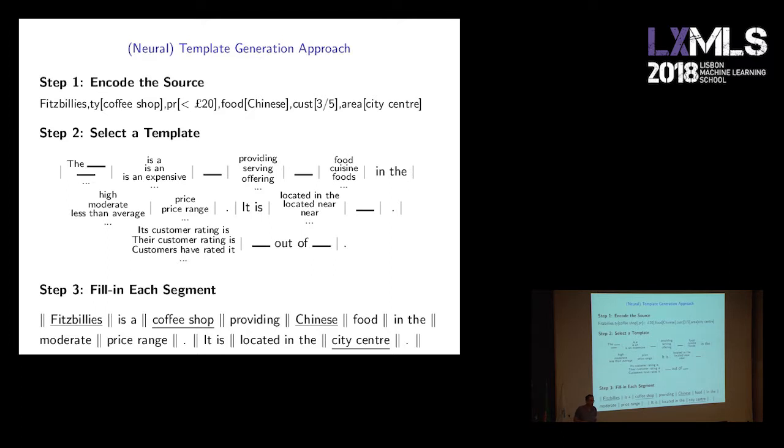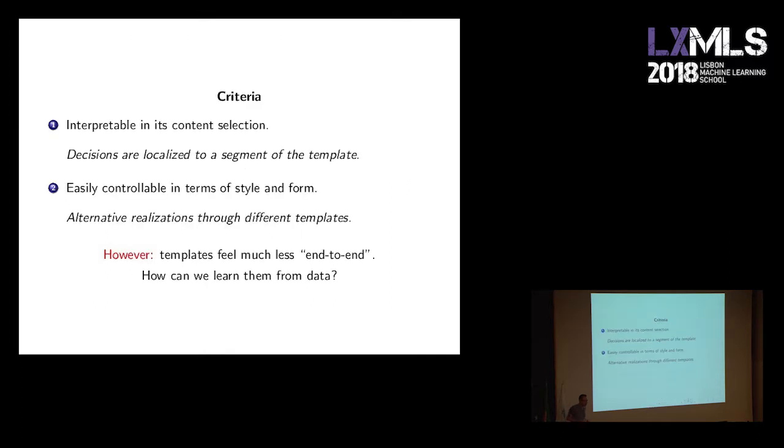Now, I said earlier, though, that I have no desire to sit down and write JSON files of templates. In fact, I had to basically take away my grad student's pizza to get him to write the template for the last talk. It's not something I think we want to do on a regular basis. So what I'd like to be able to do is learn these templates.